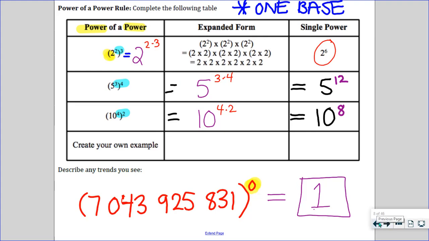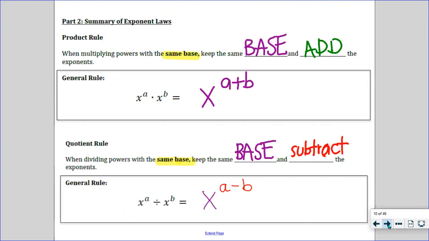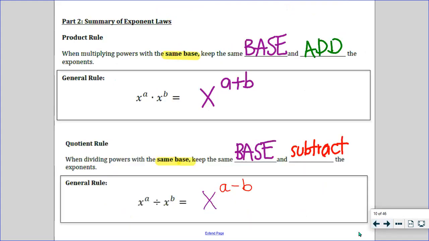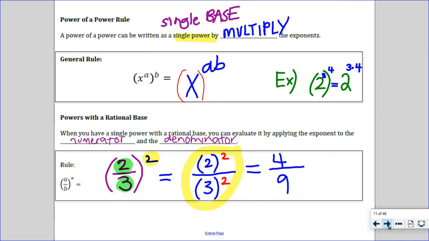So now we're just going to fast forward a little bit. In the seminar notes that we're going to post, it clearly says with words how we can write out each rule: keeping the base the same, adding the exponents; keeping the base the same, subtracting your exponents.